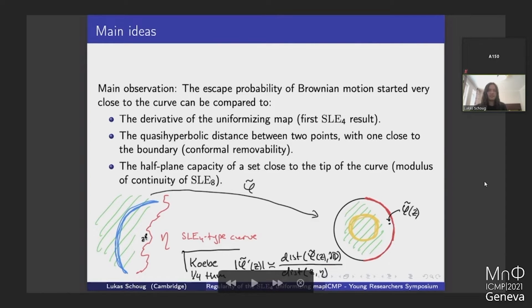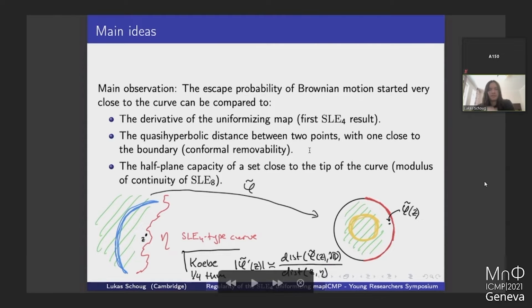So basically, by investigating the escape probability of Brownian motion here, we get the distance here, and together this gives us the derivative of the conformal map, which then gives us a way to extrapolate the modulus of continuity for the map here.